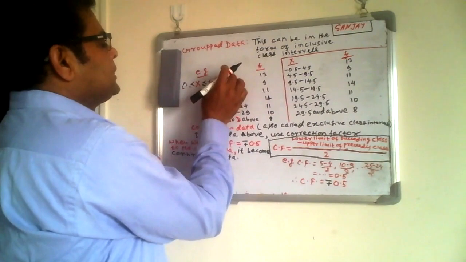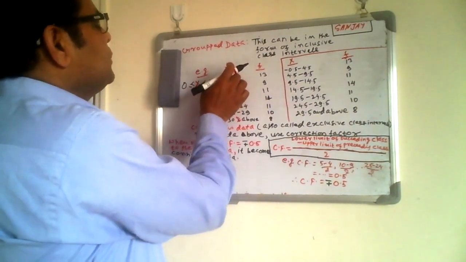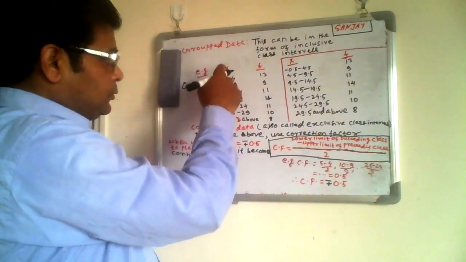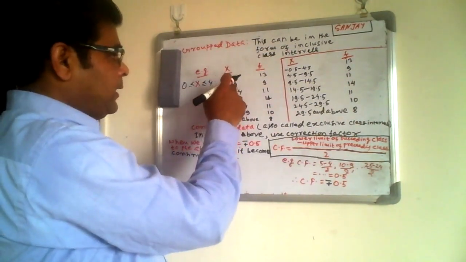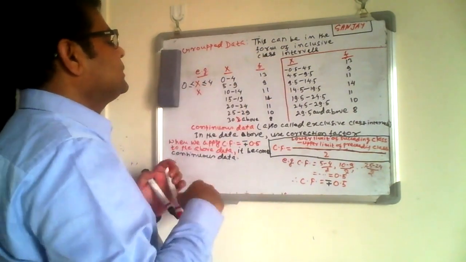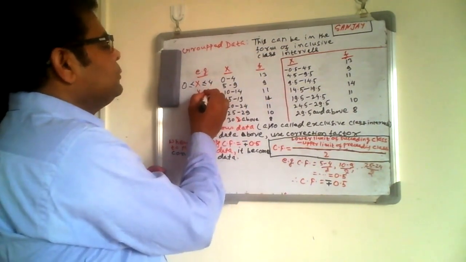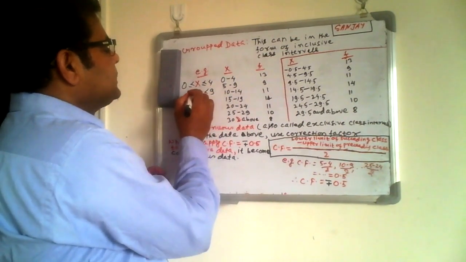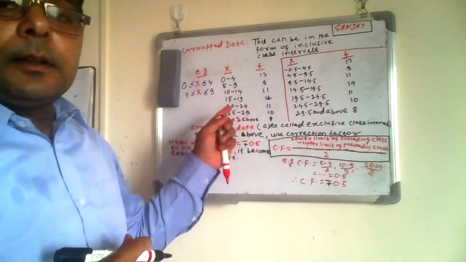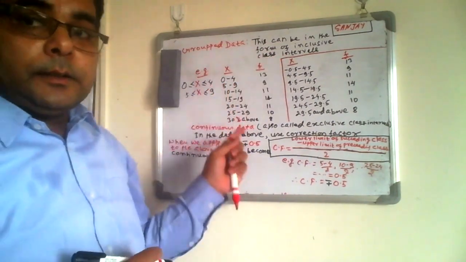If I am talking of this class, it includes both 0 and 4. A similar thing happens to another class, 5 to 9. Here also, x includes both 9 as well as 5. And this is the reason why this is called the inclusive class interval.